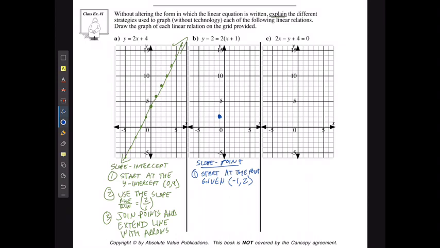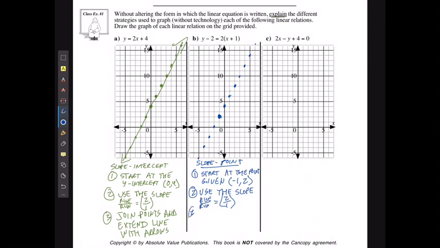The second thing is I'm going to do the same process I do with the slope-intercept after I've started at this point. I'm going to use the slope, which in this case is going to be, if it's rise over run, a rise of 2, a run of 1. And I'm going to go up to right 1, up to right 1, going on and on forever. Or down to left 1 if I'm going in the opposite direction.